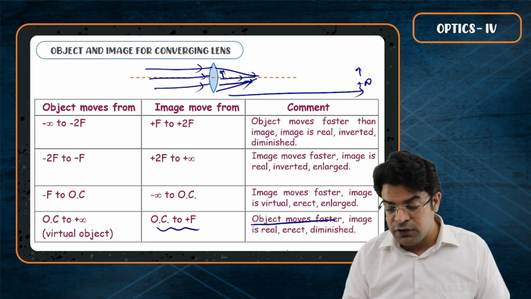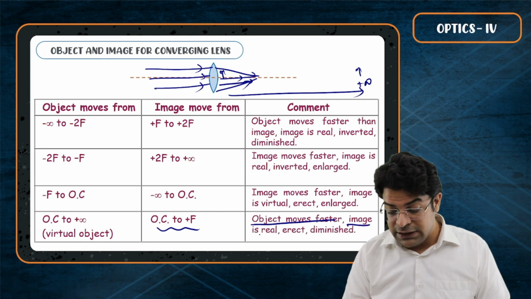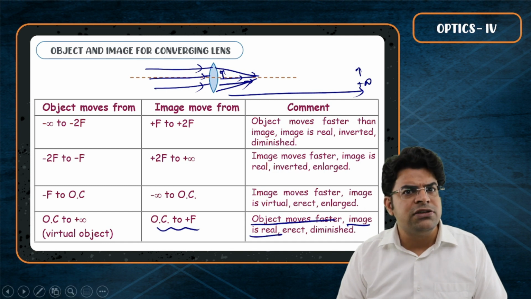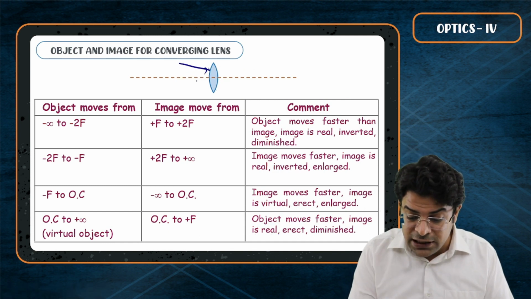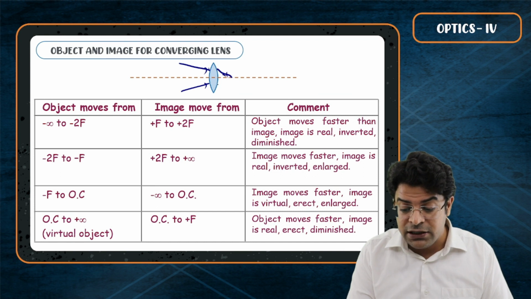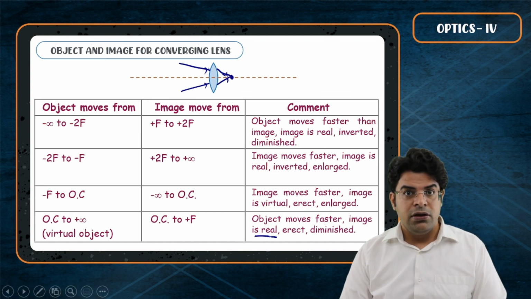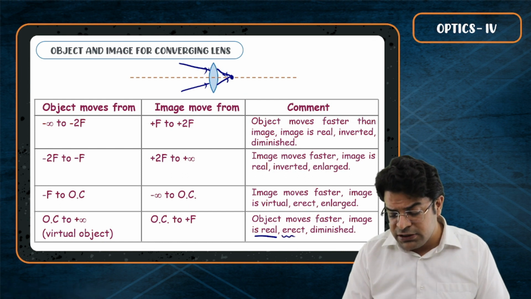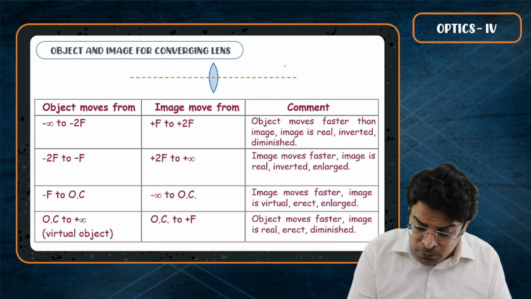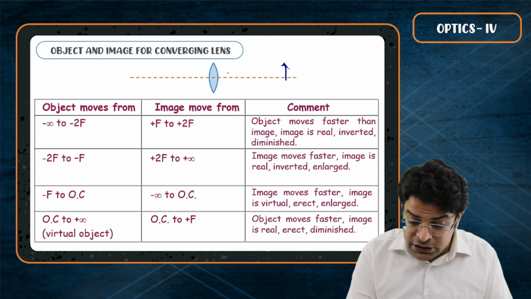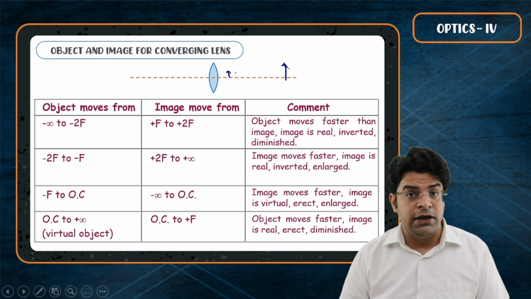So the object moves faster. The image is real. So how can you say the image is real? Beta, because these convergent rays will actually intersect each other after the refraction. So the image is real. So how can you say that the image is erect? Because the virtual object and the virtual image are on the same side of the lens.